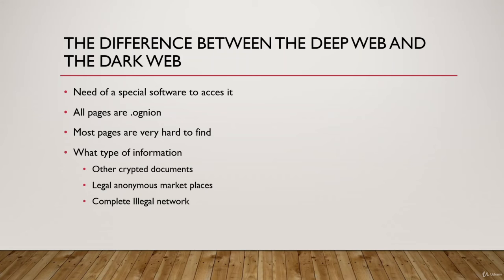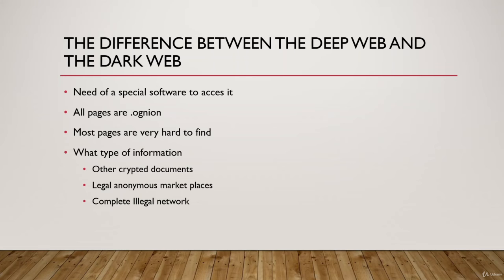Yes, it's not 100% anonymity, because you can be tracked and all this stuff, but the purpose of the dark web is really going on the internet anonymously. We're going to talk about the concept of anonymity in our future classes. But just for you to understand, yes, you have a complete legal anonymous marketplace.